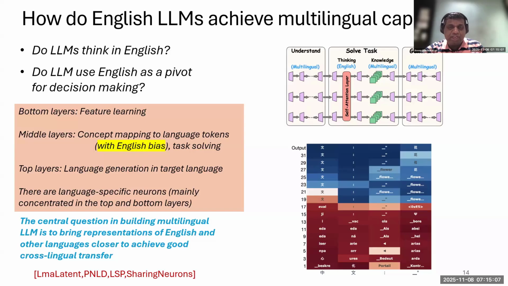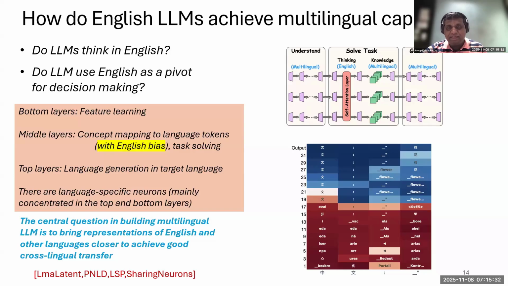There have been some studies looking at the internal representations of the models at different levels while they are processing a query. It seems that generally the bottom layers are concerned with feature learning and are language agnostic. The middle layers start mapping from the features and concepts to language tokens.